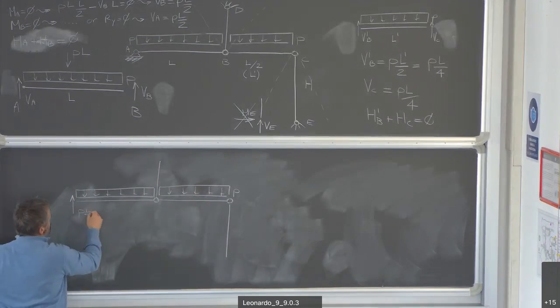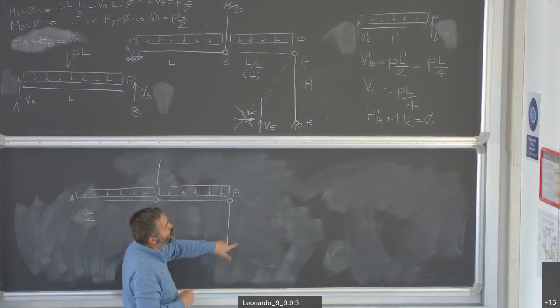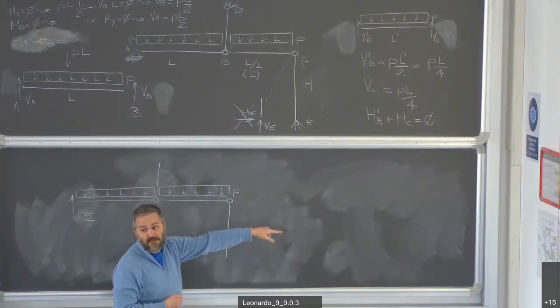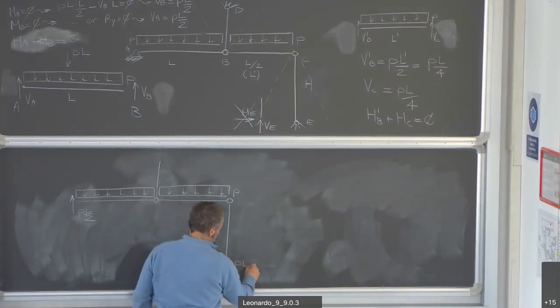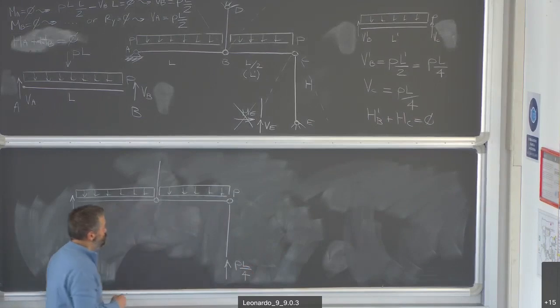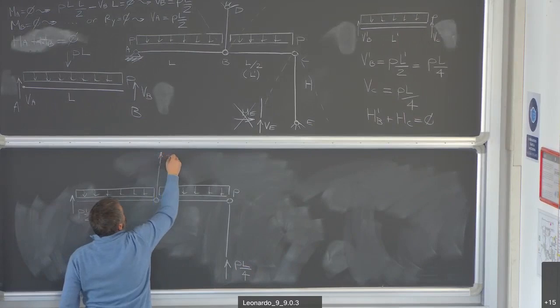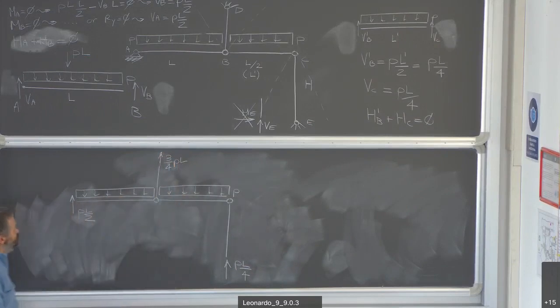PL divided by 2. Here, at the bottom, we only have a V, which I just erased. Its value is PL divided by 4. Here, at the summit of the die, we have 3 divided by 4 PL. Is the structure in equilibrium? Of course it is.